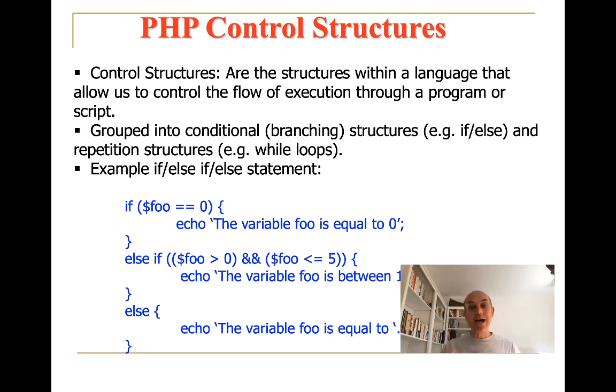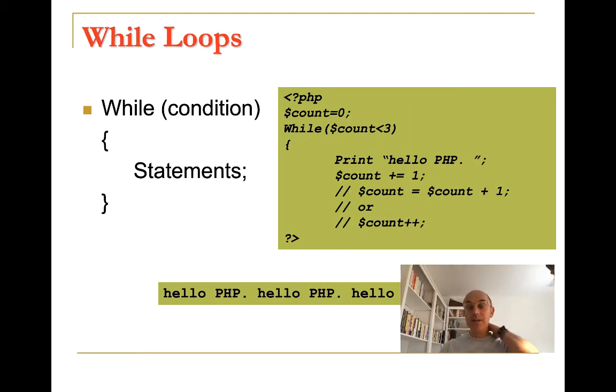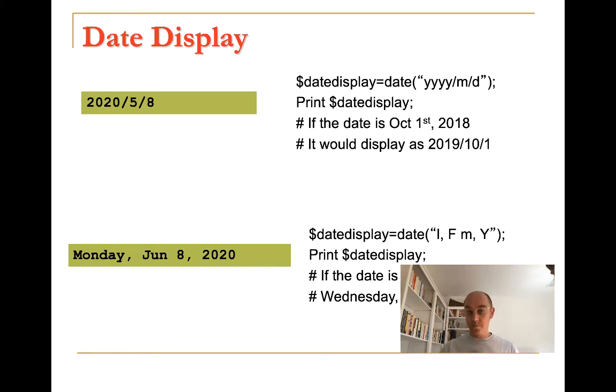So in this case, I echo that the variable is equal to 0, and if else, the variable $foo is between 1 and 5, and else the echo says the variable is equal, and I will give it some value. So if else, in this case, if the user is John, the statement is Hello John, else you are not John, and not then in PHP. So this is the idea of it. This is what it counts and how it plays out.